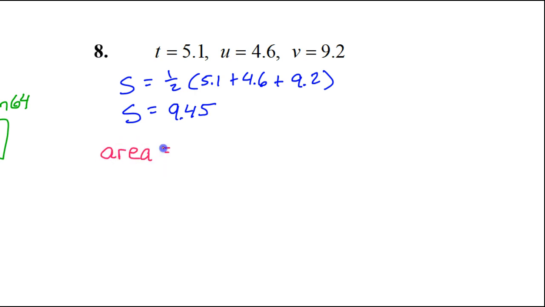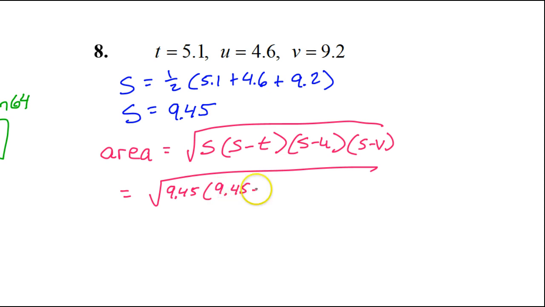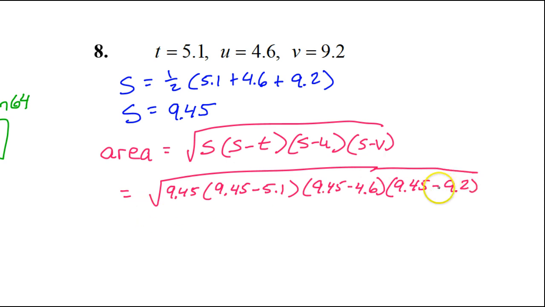So area should equal the square root of S times S minus T times S minus U times S minus V. In other words, it should be 9.45 times 9.45 minus 5.1 times 9.45 minus 4.6 times 9.45 minus 9.2. So just put that in your calculator.